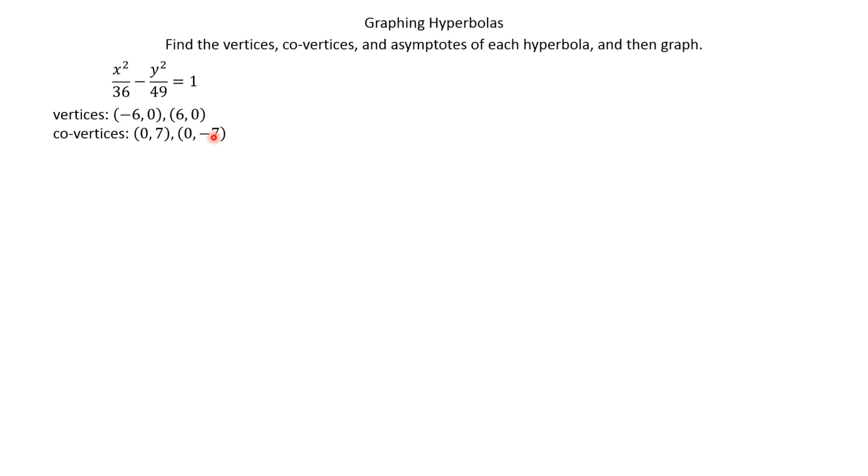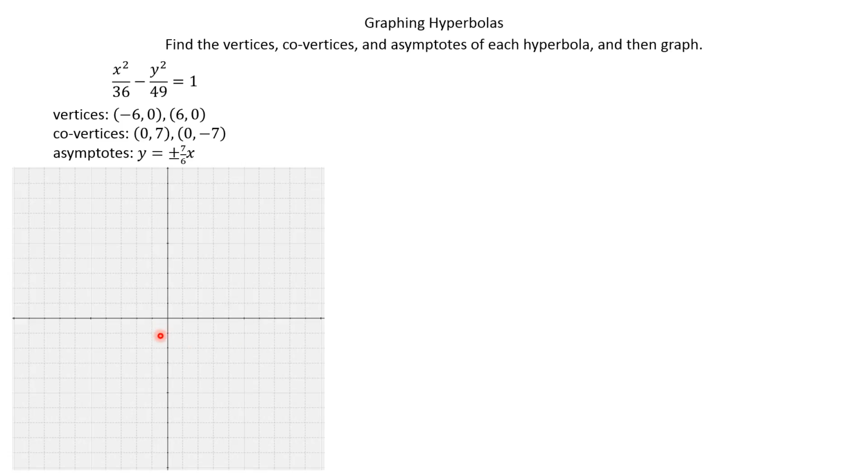And the asymptotes, we're at 0, 0, so it'll be y equals plus or minus a slope times x. The slope is b over a, 7 over 6. So y equals plus or minus 7 over 6 x. Now, amazingly enough, we're not going to use those really to graph it. Well, we will, but we don't need to think about the points. If we have our graph, we start at 0, 0.